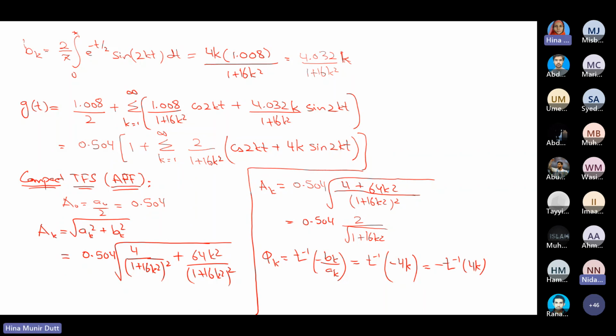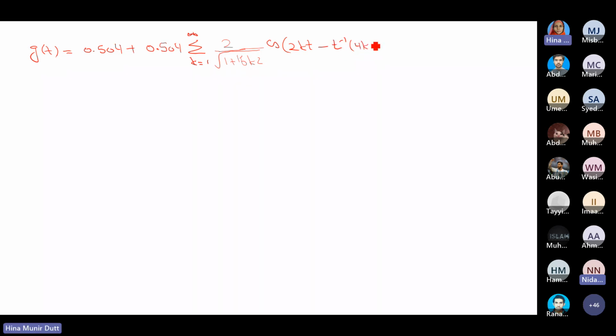So my compact form of the trigonometric series is g of t is equal to C naught 0.504 plus, I can take this common, summation from k 1 to infinity 2 over 1 plus 16k square, this thing, and then cos of 2kt plus psi k, which is minus tan inverse of 4k.